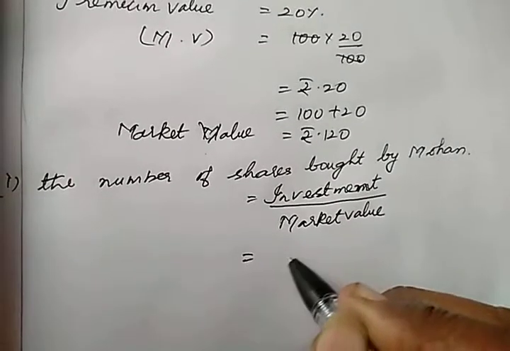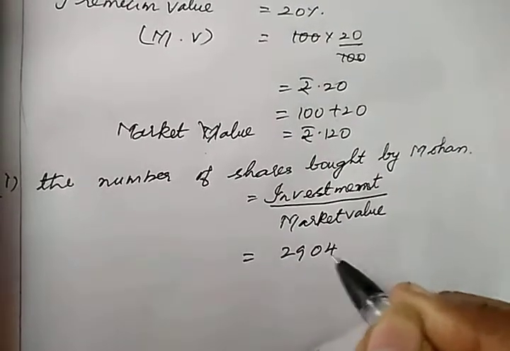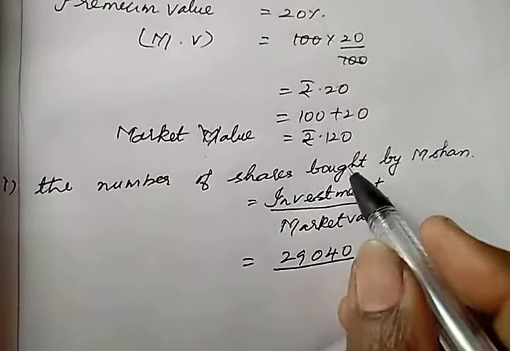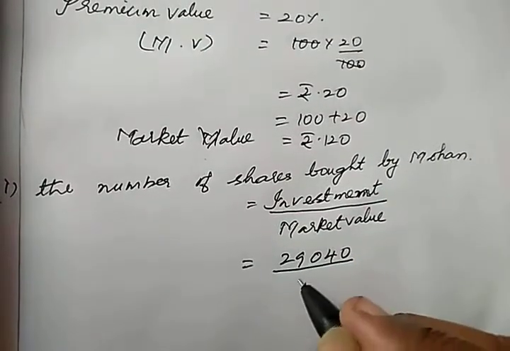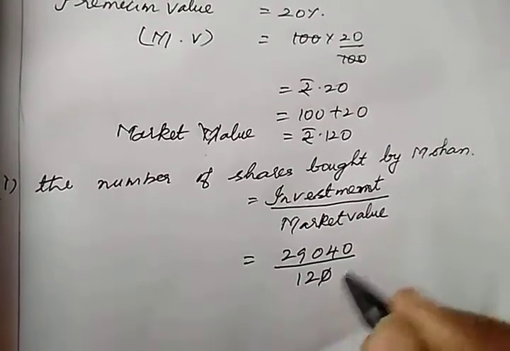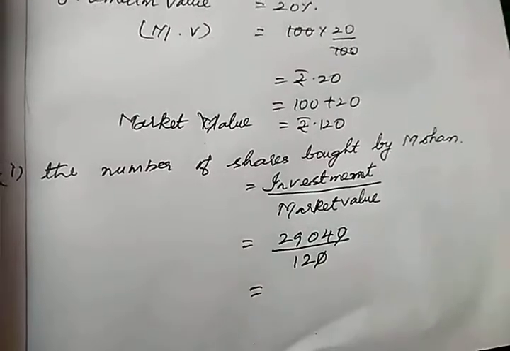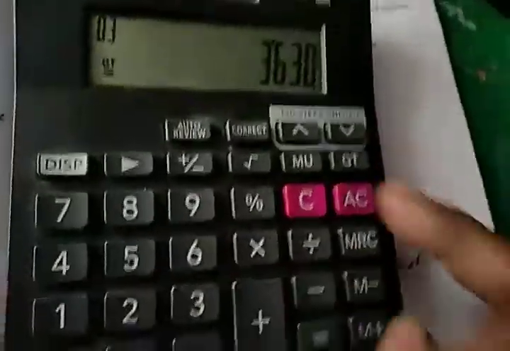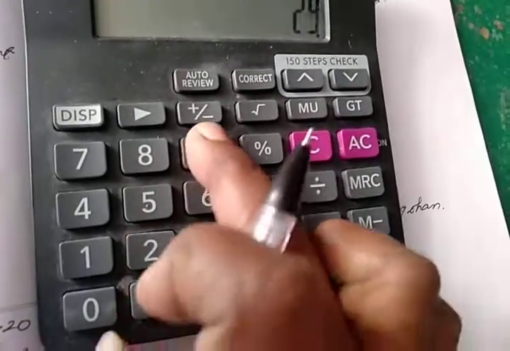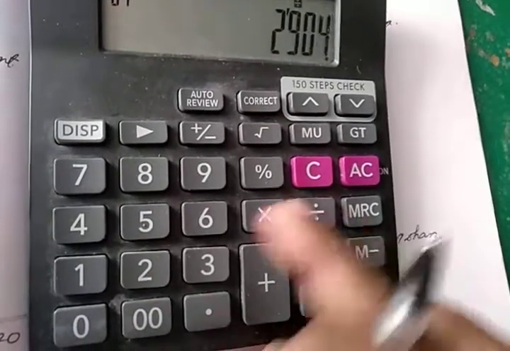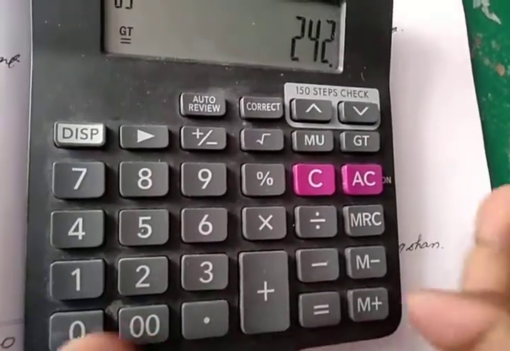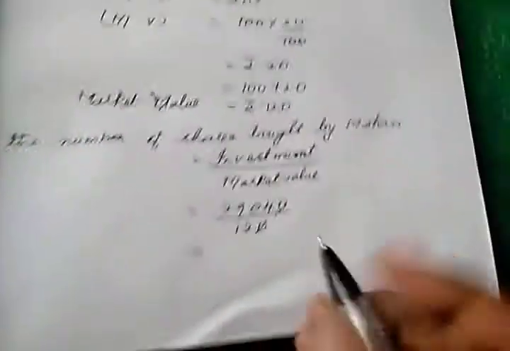What is his investment? 29,040 rupees is his investment. Market value of each share is 120 rupees. Now cancel it: 2,904 divided by 12. 2,904 divided by 12, we will get 242 shares.